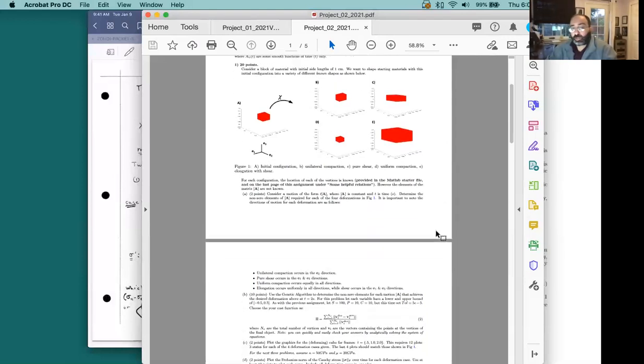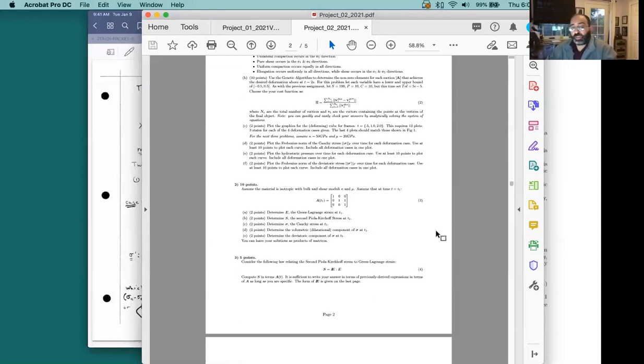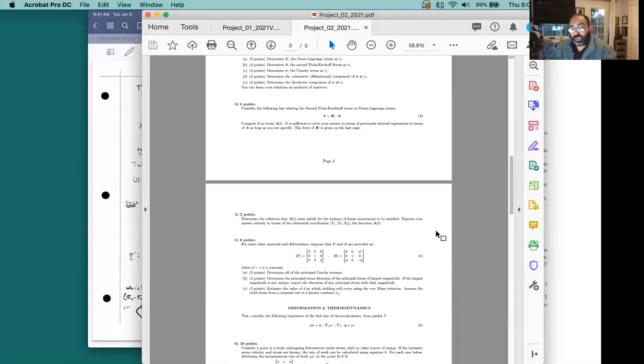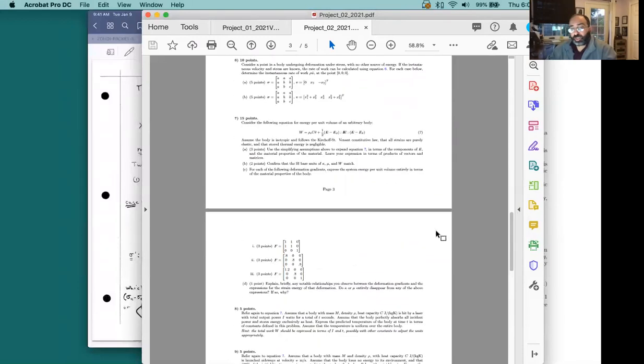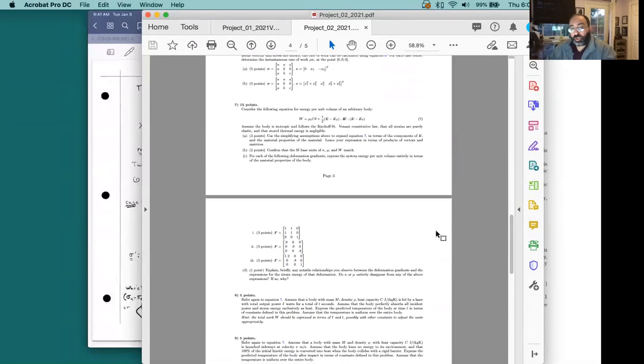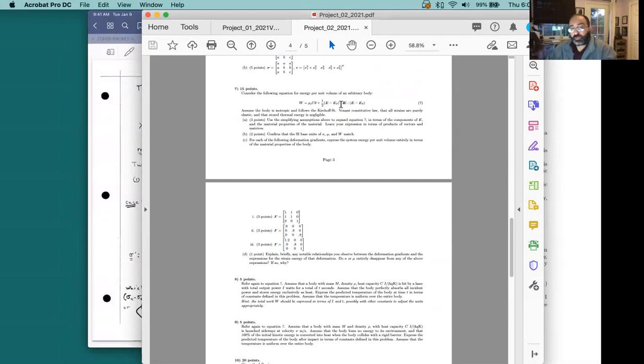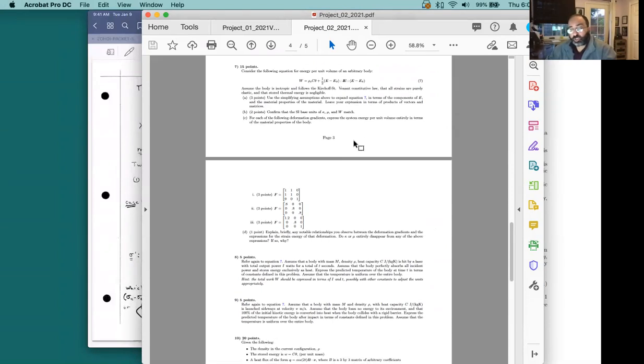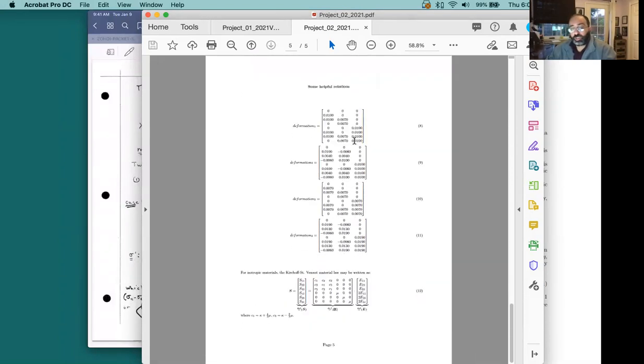It is the concepts first of deformation, then stress, then thermodynamics, utilizing also the fact that we need constitutive laws, and a very simple one, of course, is Hooke's law, which we give to you at the end of the assignment in equation number 12, which is exactly what we just saw a moment ago.